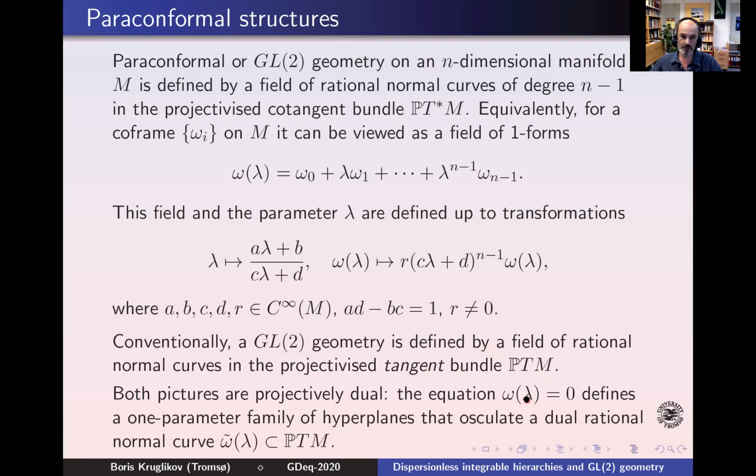So we have a one-dimensional family of hyperplanes. And due to non-degeneracy of the curves, these actually osculate a dual rational normal curve. So having a curve, we can take the first osculating, it will be a surface. We can take the second osculating, it will be a three-dimensional thing, and we can come to codimension 1. That's duality.